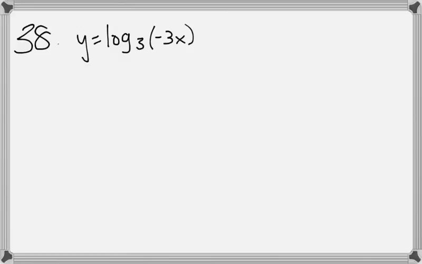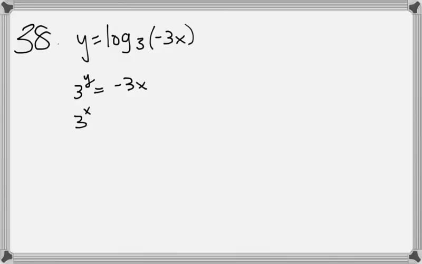Number 38, listen please. You have y equals log base 3 of negative 3x. This goes straight to the point. It's 3 to the y equals negative 3x. So switch x and y.